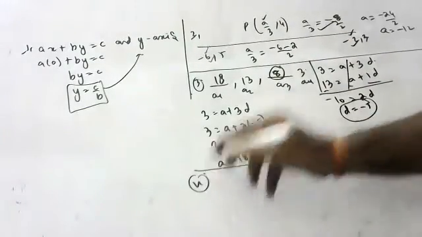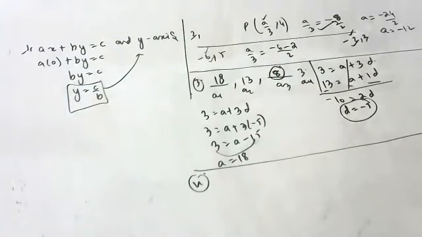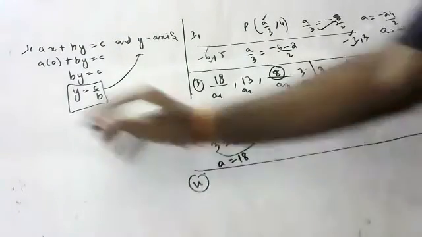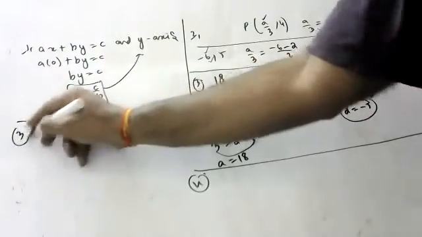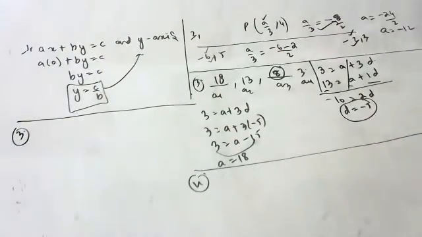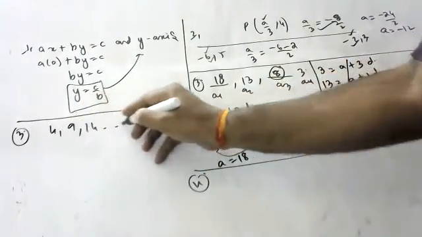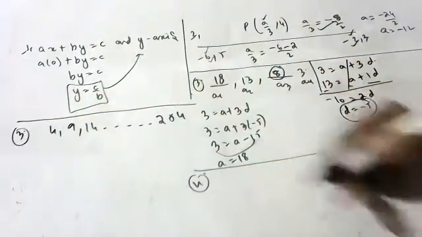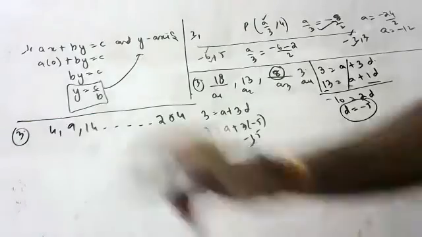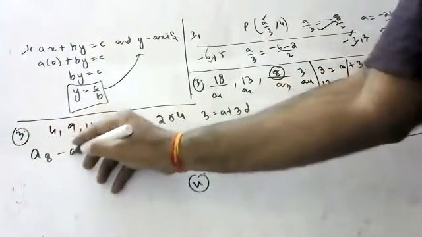Next question. Fourth question, children, find the value of A8 minus A4. They have given an AP. The AP is looking like this, children: 4, 9, 14 up to 254.